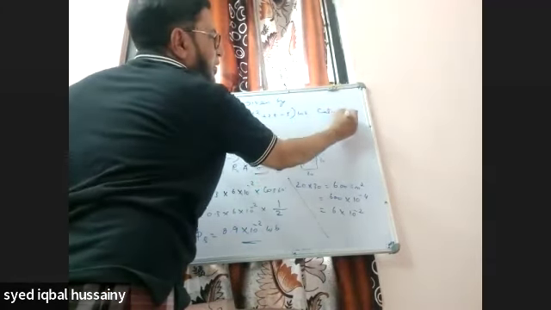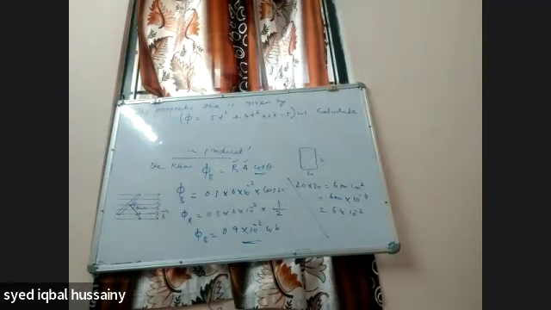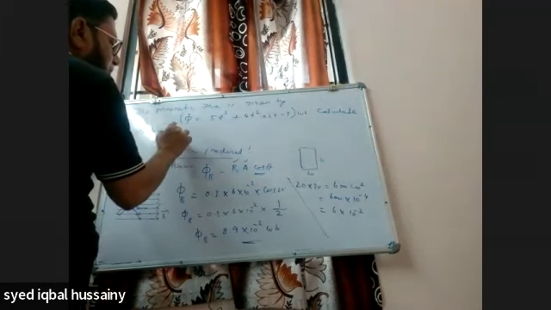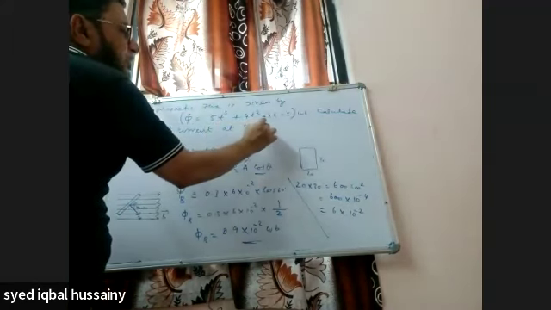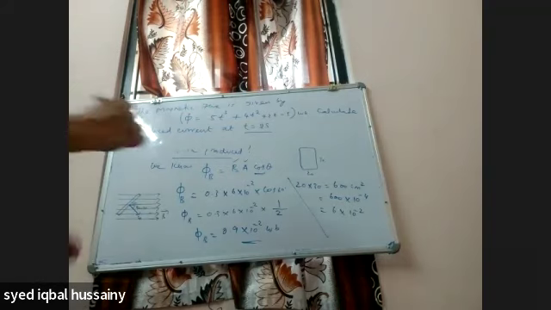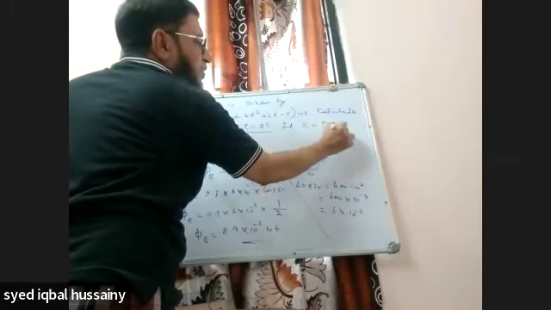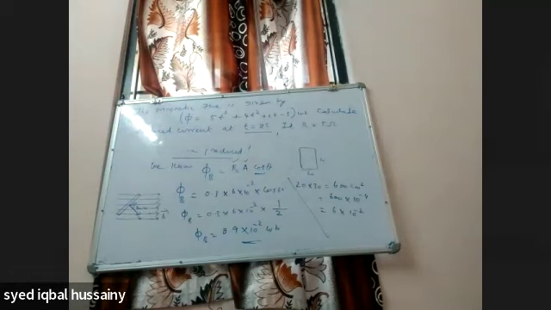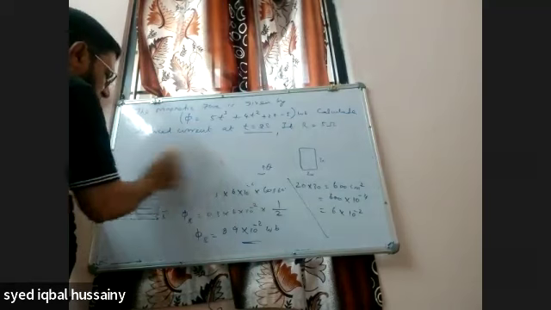Calculate the induced current at time t equal to 2 seconds, if resistance is 5 ohms. Yes, children. This type of question you may expect in your board exam for 3 marks. How can you do it, tell me.